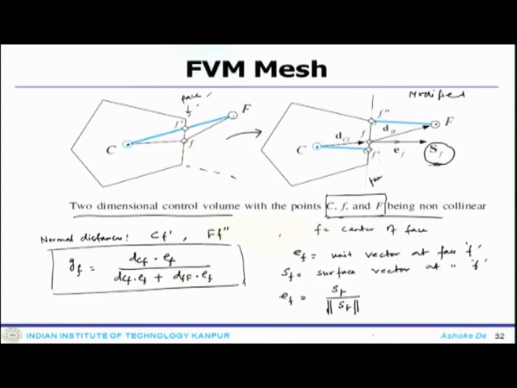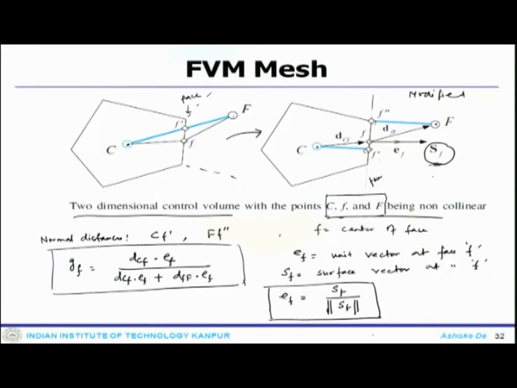That will get you the unit vector along that. So you have certain situations where things may not be collinear, and that gives you an idea about different kinds of elements.